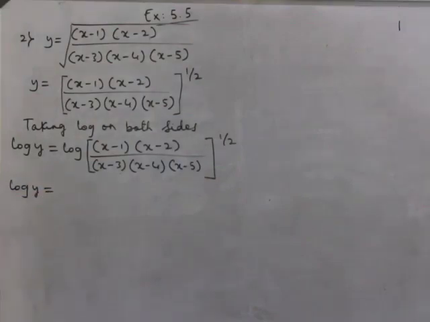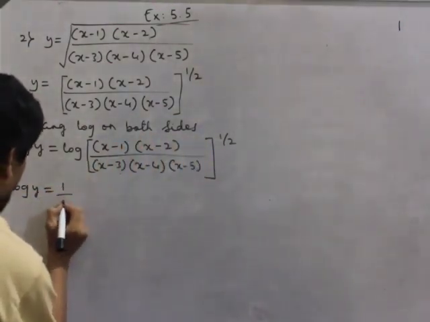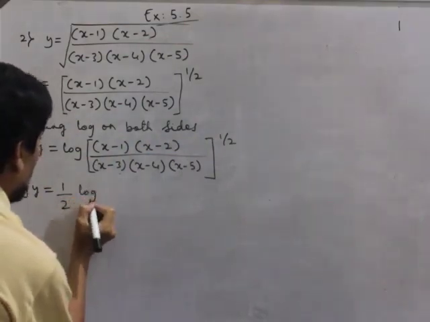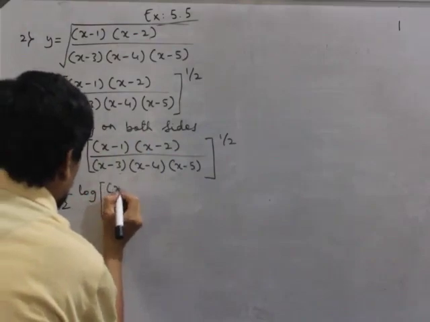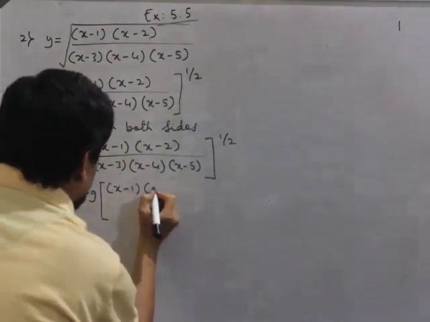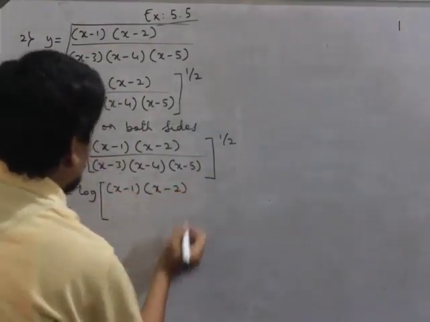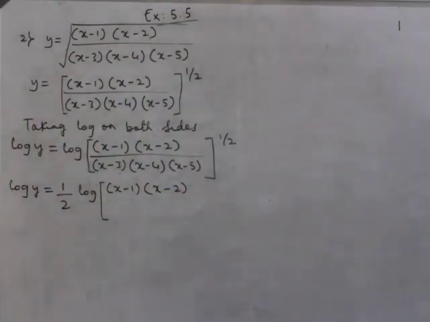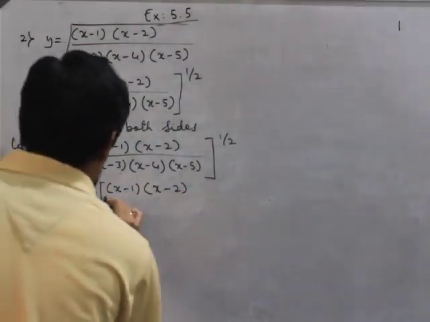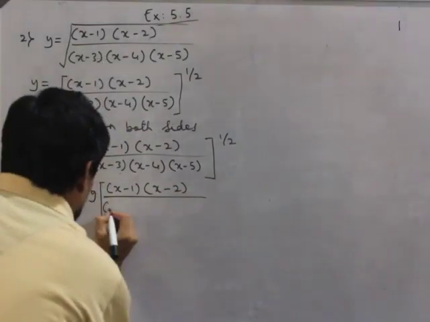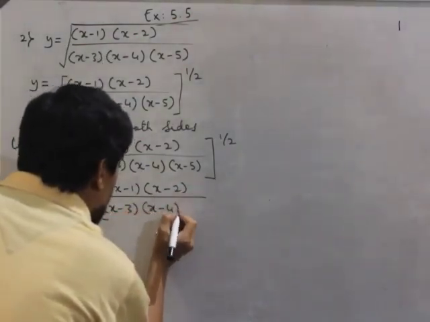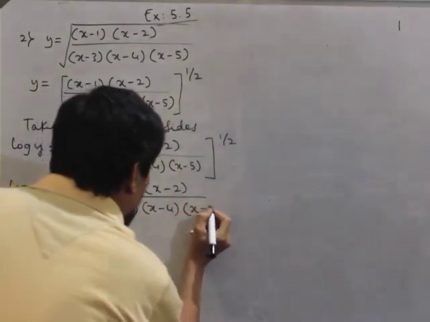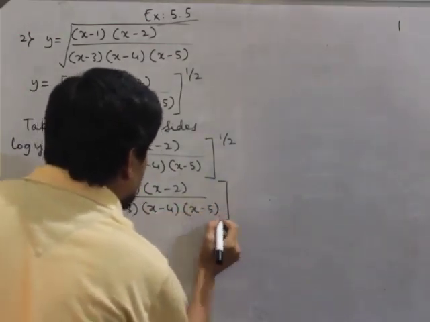Log y is equal to this half into log of (x minus 1)(x minus 2) divided by (x minus 3)(x minus 4)(x minus 5).